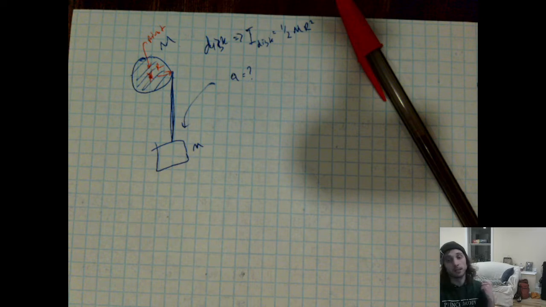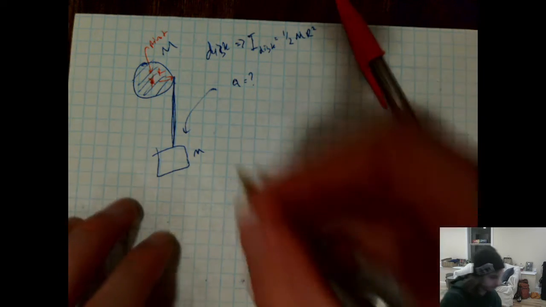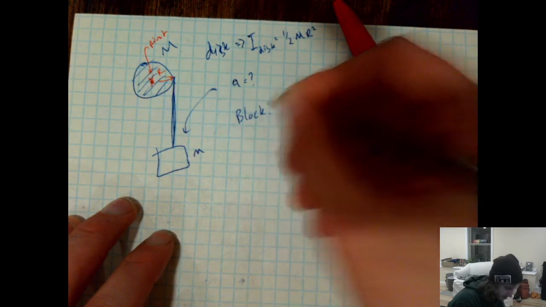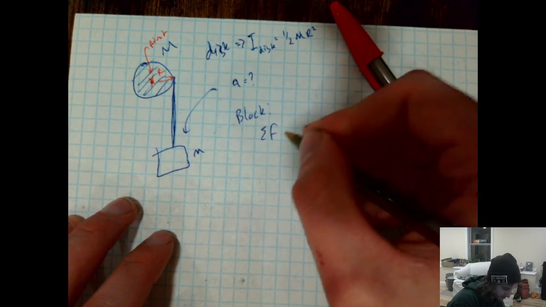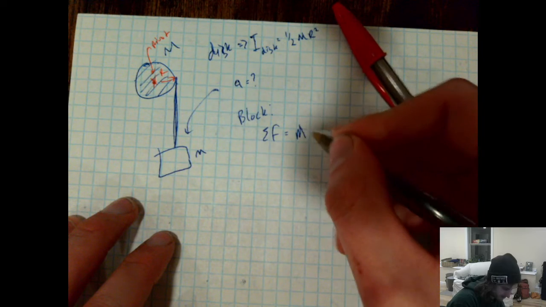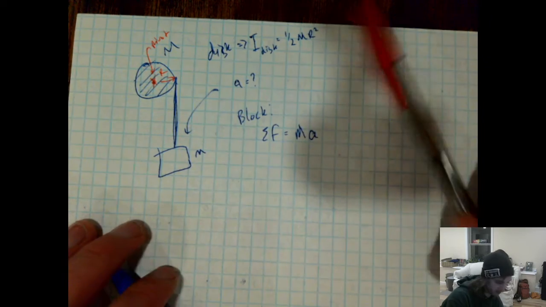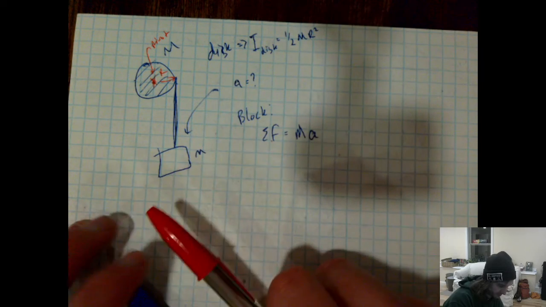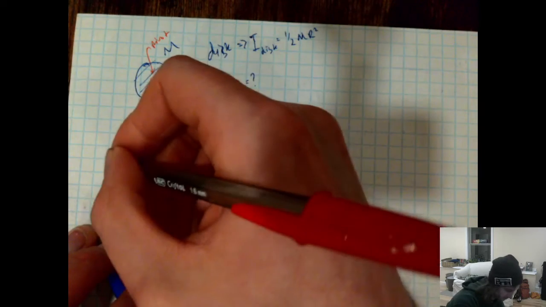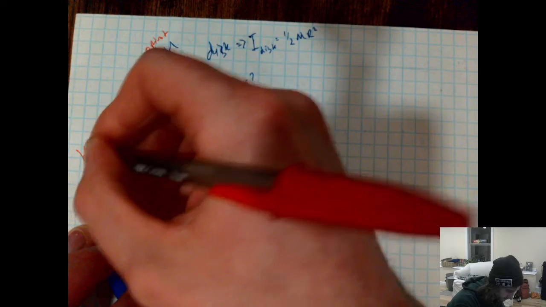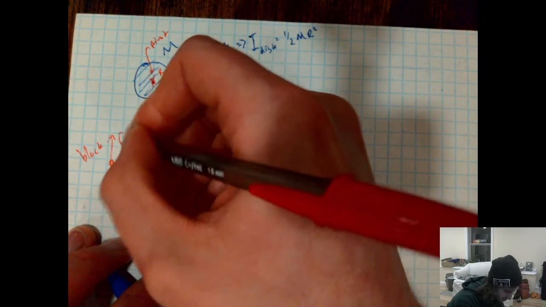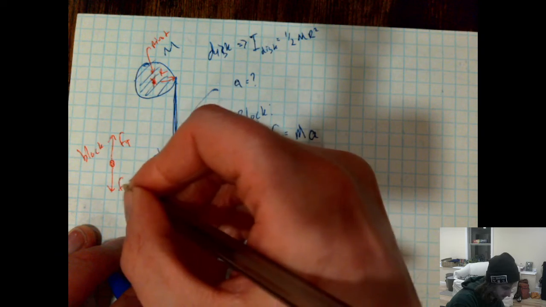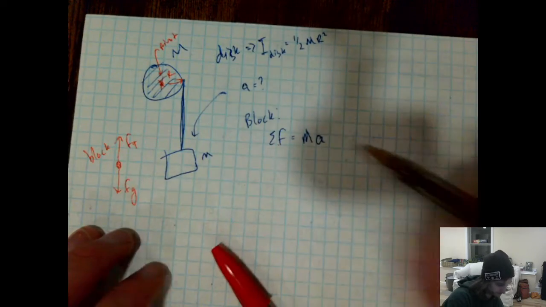Our block needs to accelerate linearly. So the block's second law equation is going to look like the net force on our block will equal the mass of our block times the acceleration of our block. So we need to figure out what the net force on our block is if we want an answer. Well, doing a free body diagram for our block, we've got a force of tension going up. We've got a force of gravity going down.